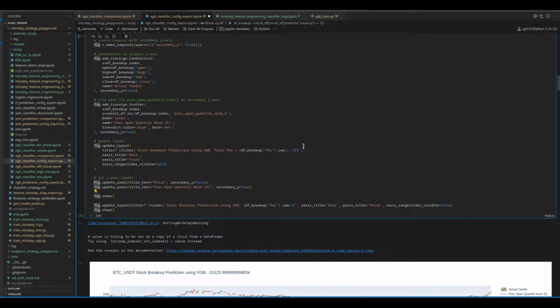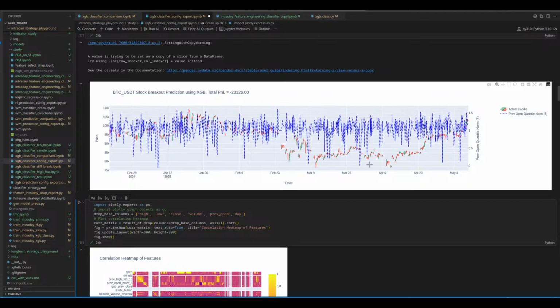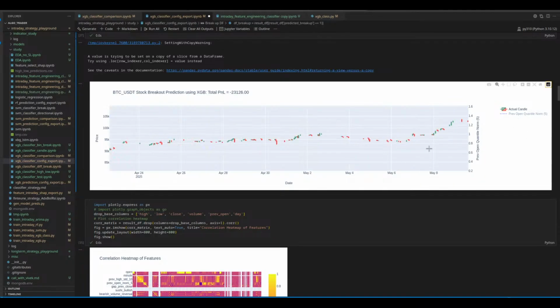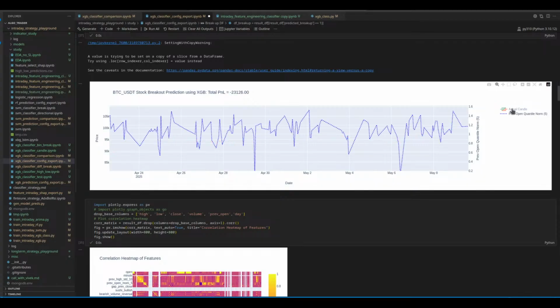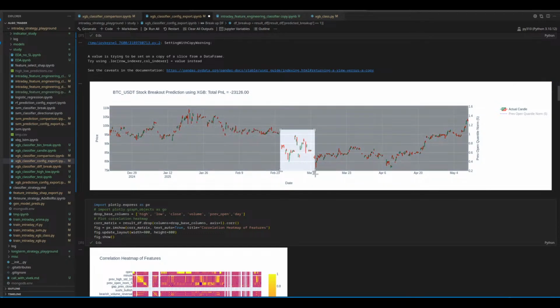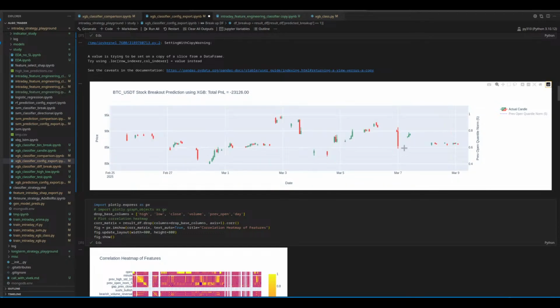Amazing. So let me put it out and identify a cluster where we have some good candles or the prices that I want to catch. Okay, so this is something that I would like to catch.